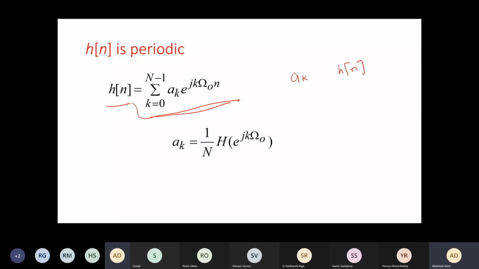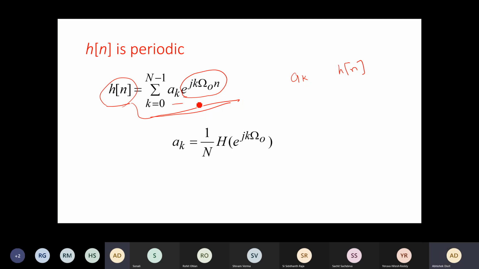You can use the vector notation anyway, right? Because what is this? This is expressing Hn in terms of how many bases? N bases. We have N bases here, right? So this is the vector representation. So if we have to find AK from Hn, what should we do?